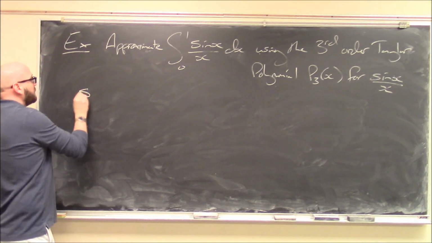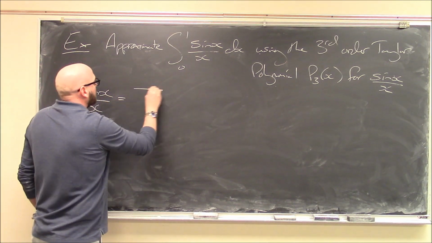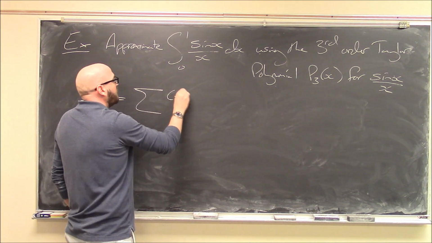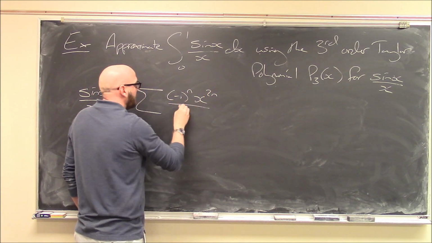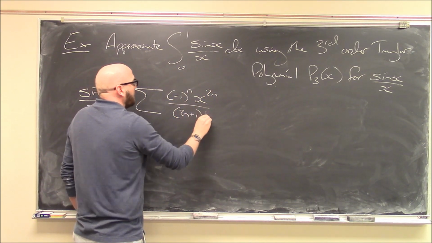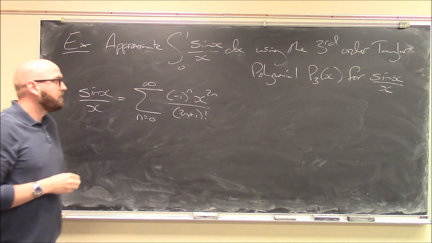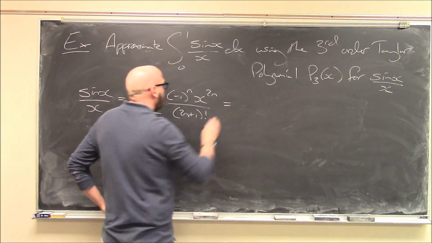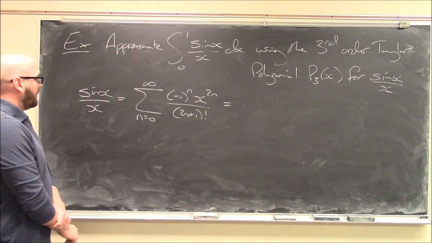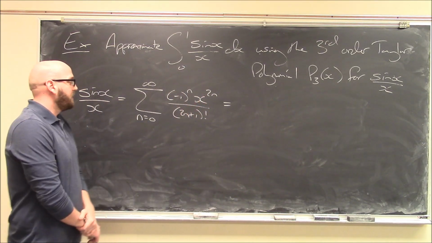Okay, so I think we just agreed that sine of x over x, we wrote out a Taylor series for this. This was minus 1 to the n, x to the 2n over 2n plus 1 factorial. So this equals, let's count out, I want to go up to the power of x cubed, the third power of x.